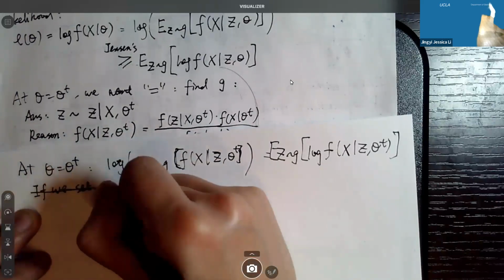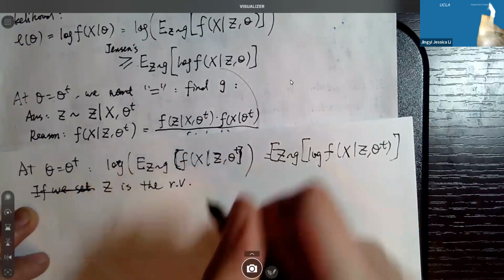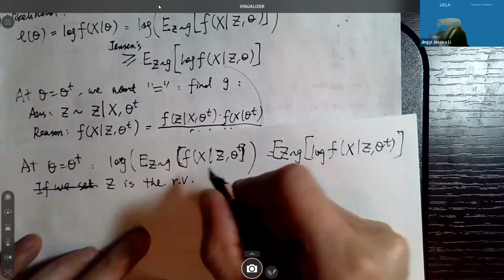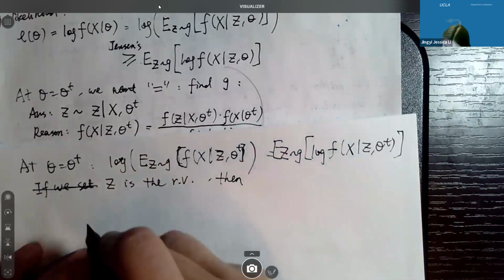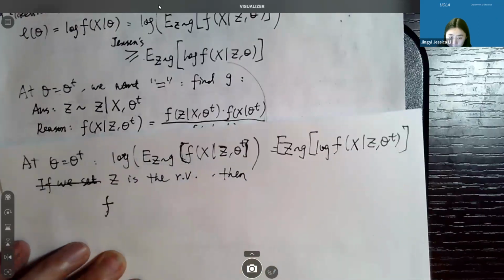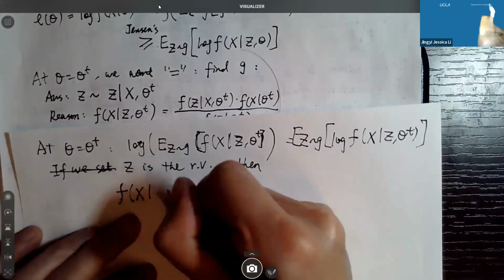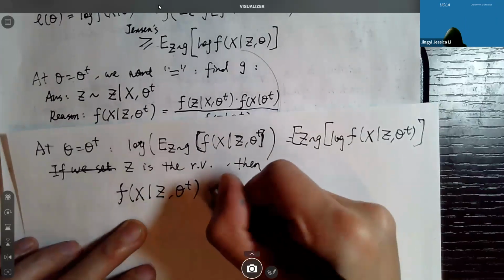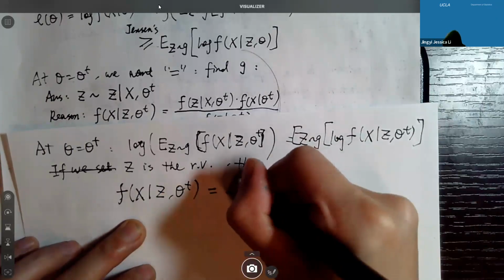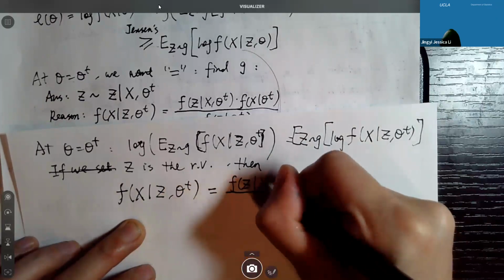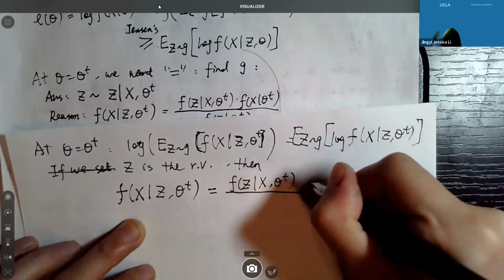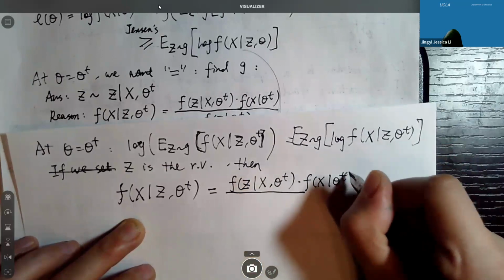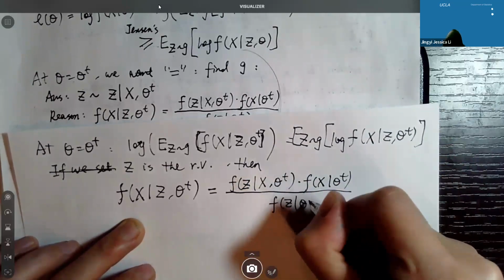For the function inside the expectation, f of x given z, theta t, based on the Bayes rule, we can write it as f of z given x and theta t times f of x given theta t, divided by f of z given theta t, right?